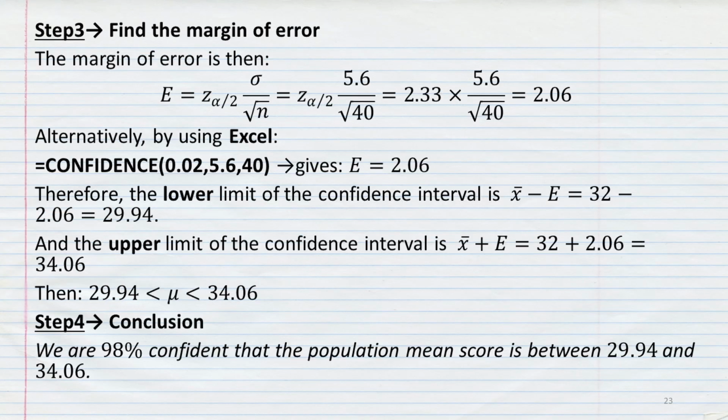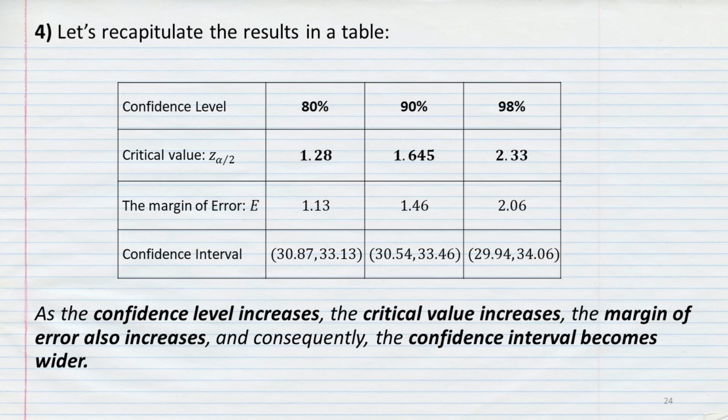Find the margin of error as shown in this slide. Finally, Step 4. Conclusion. We are 98% confident that the population mean score is between 29.94 and 34.06. In question 4, it gets interesting.